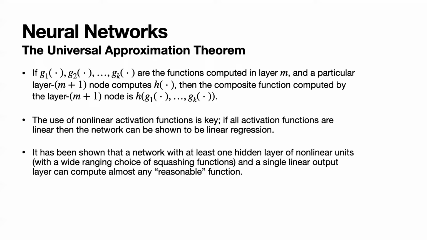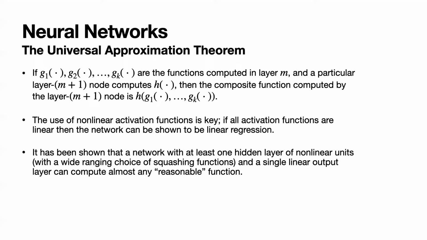It has been shown that a network with at least one hidden layer of nonlinear units, and you can choose from any number of things that squish the signal, like the sigmoid function, or the ReLU function, or anything that you can think of that squishes the signal.